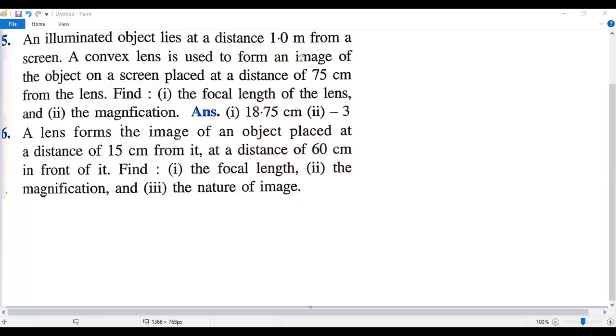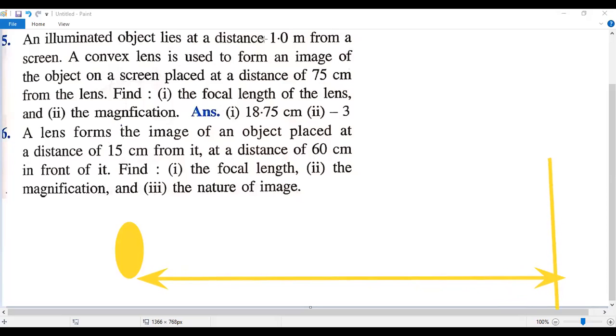So if you have an illuminating object, like a candle, or you can have an electric bulb, this bulb, any object, is placed at a distance of 1 meter from the screen. Screen is the place where your image is formed. So the distance between the object and the screen is 1 meter.